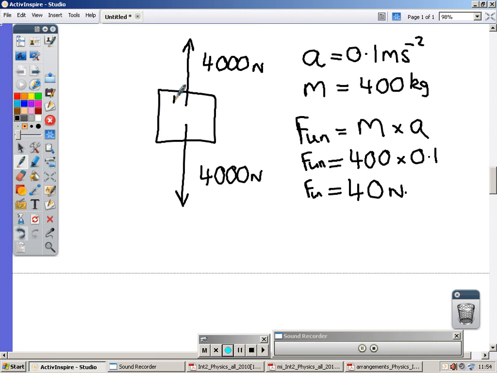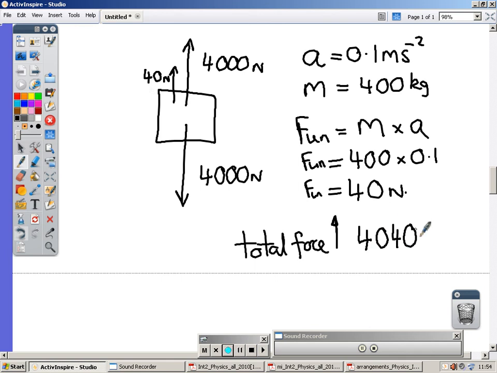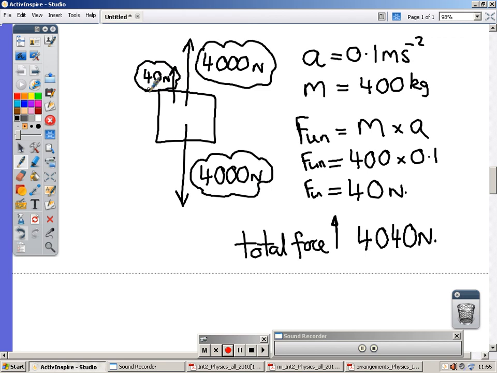So we need another 40 newtons there. So the total force up the way is the 4,000 plus the 40 to give us 4,040 newtons. That question is worth 3 marks because you need to remember the weight of the balloon acting down the way. We need to balance that force and then get the additional force which causes the acceleration.